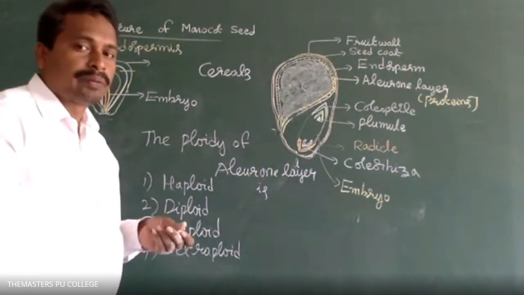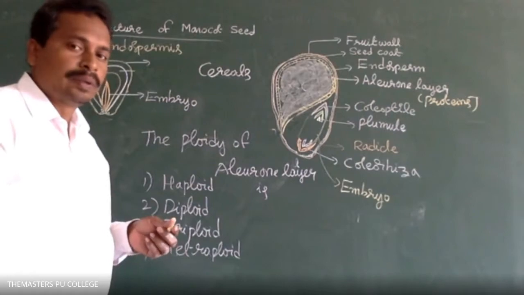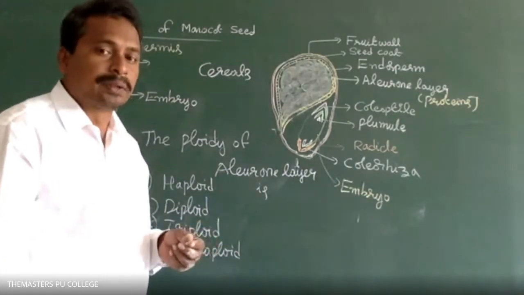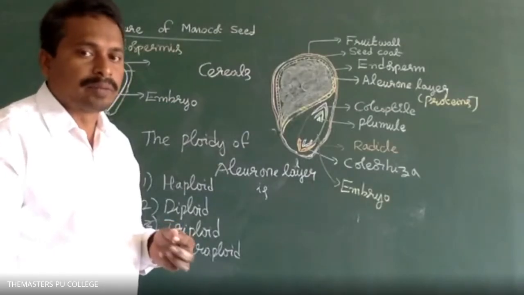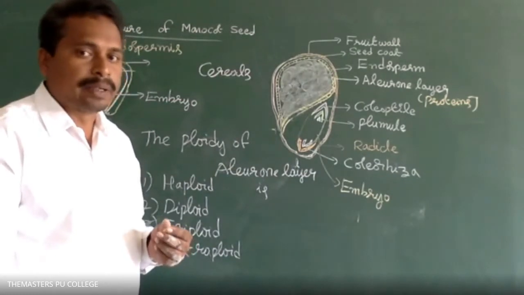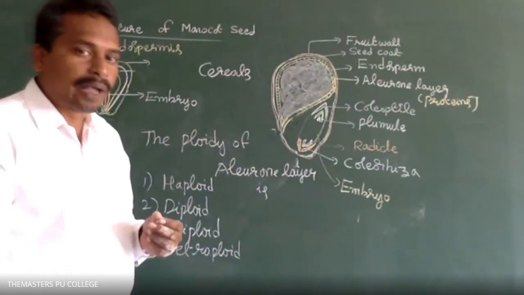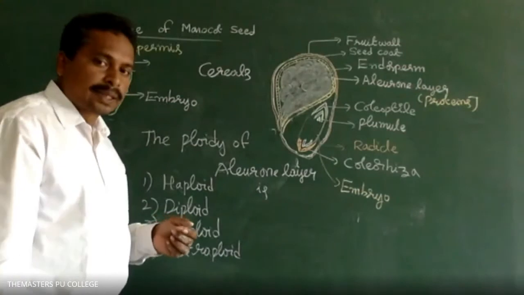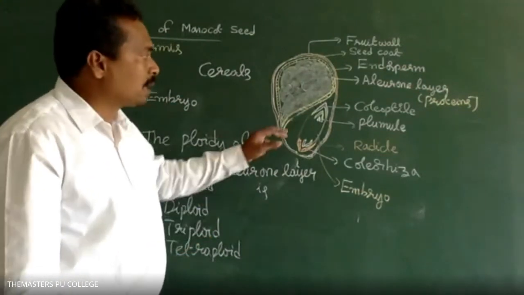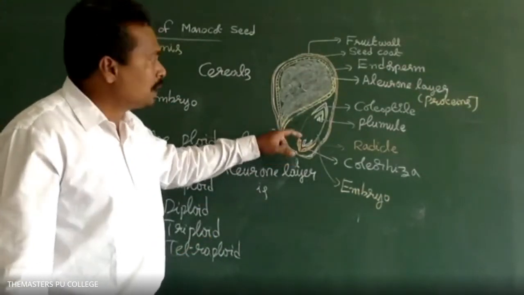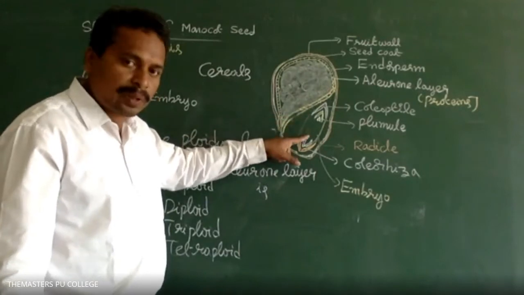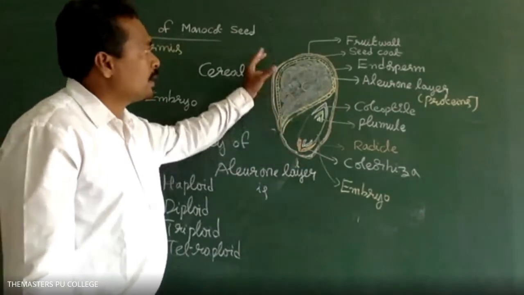What is the ploidy of the embryo? Diploid. Zygote is diploid. The ploidy of the gametes? Male and female gametes are haploid. During sexual reproduction, the male and female gametes fuse to form a zygote, and the zygote gives rise to the embryo.